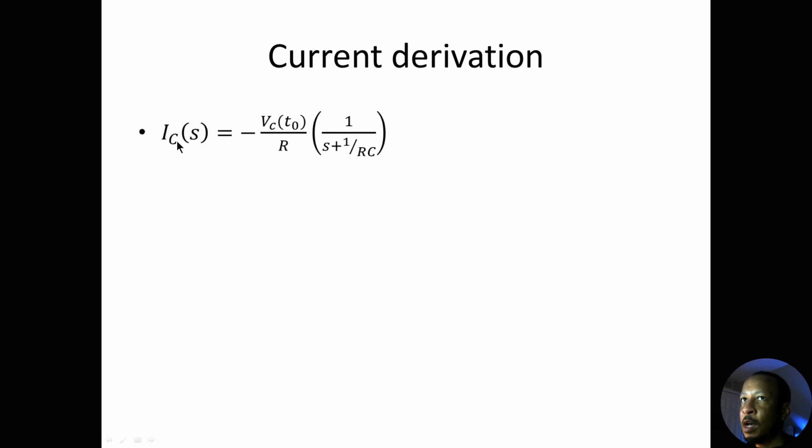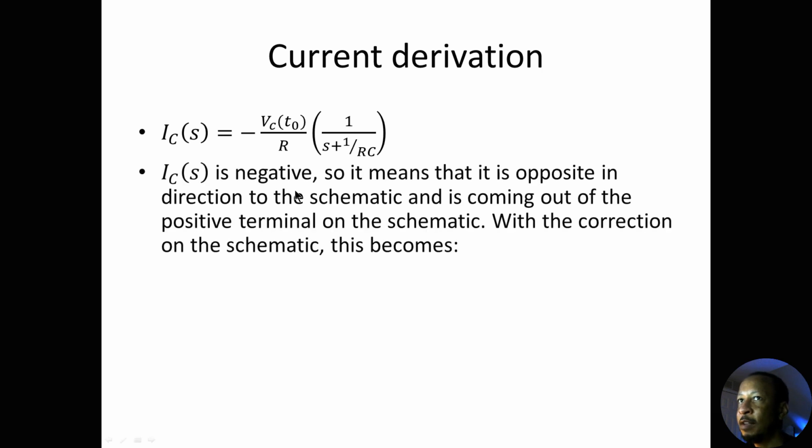And so now I have IC of S equals negative VC of T sub 0 divided by R times 1 over S plus 1 over RC. So IC of S is negative. So it means that it is opposite in direction to the schematic and is coming out of the positive terminal on the schematic.